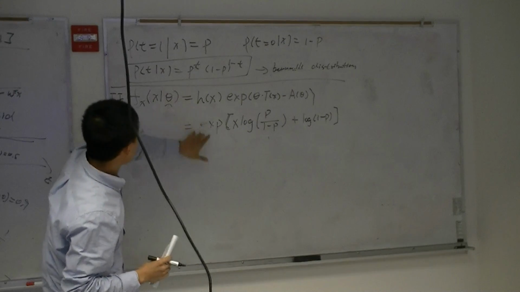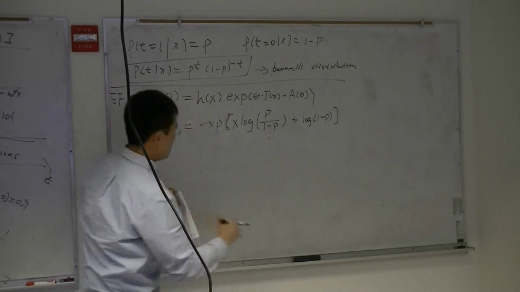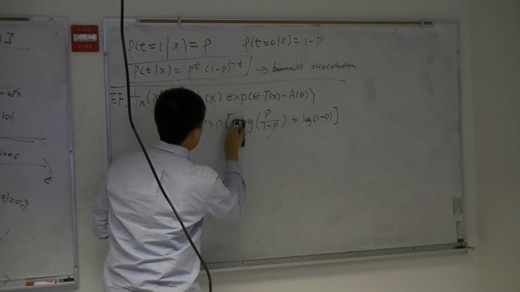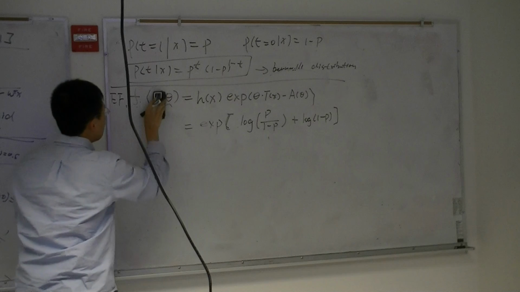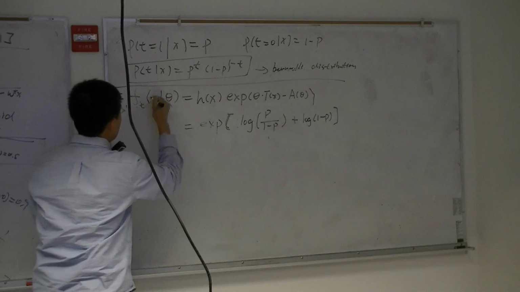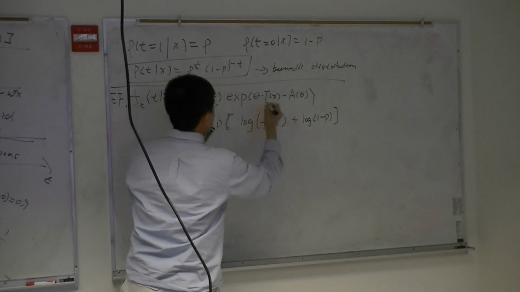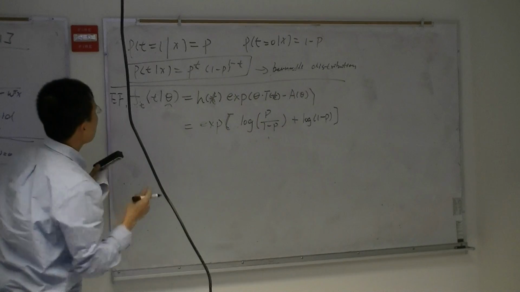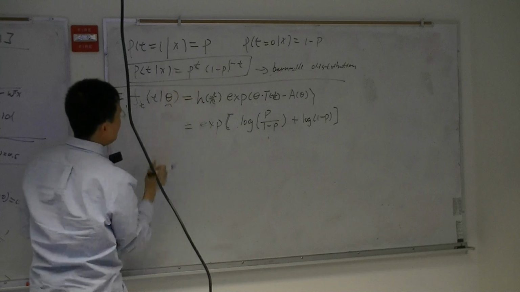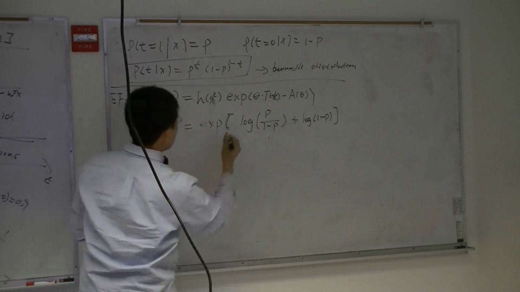We take an exponential here, and here's p, so we can use p as one random variable here. We take the exponential of this equation we got.